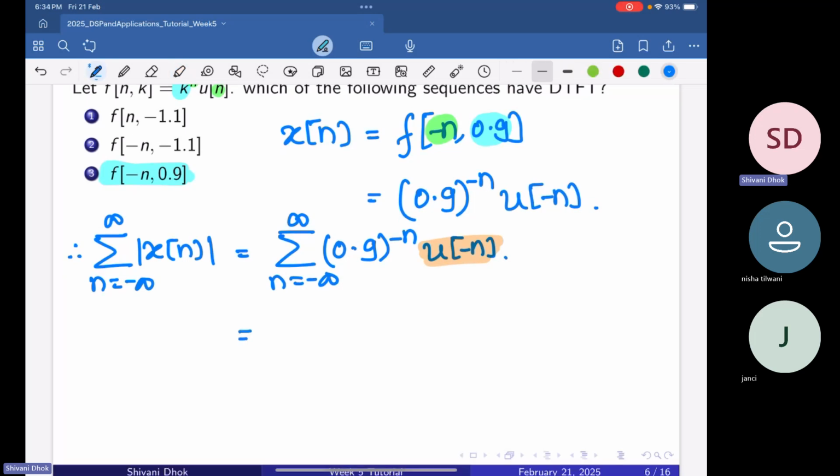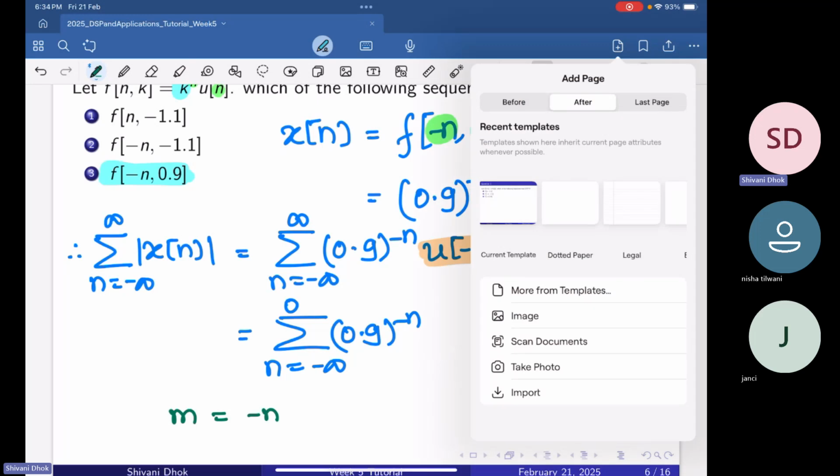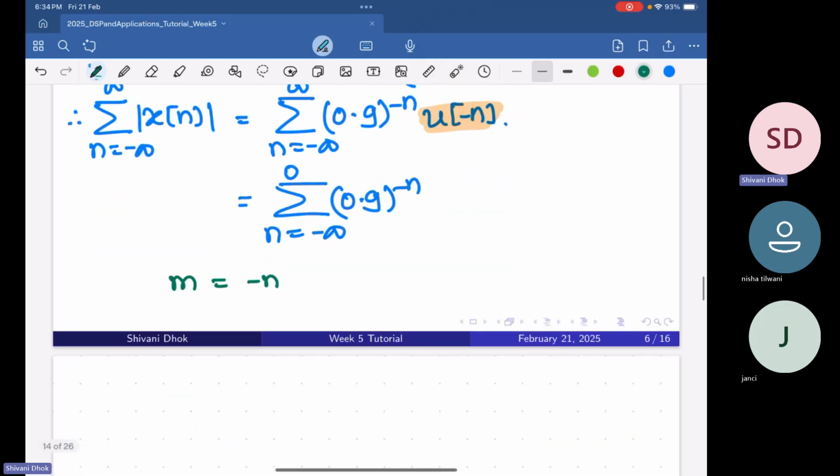So again the summation that we have now is n running from minus infinity to 0, 0.9 to the power minus n. Now same trick we will use, we'll substitute m as minus n, which means this m varies from 0 to infinity.